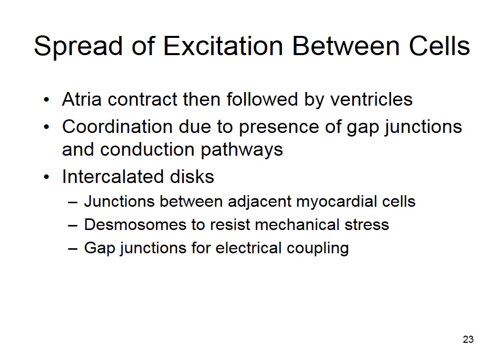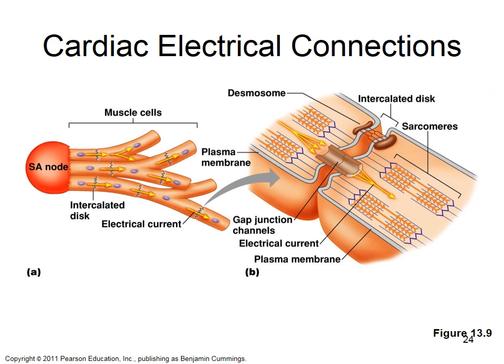Okay, the cardiomyocytes are connected to one another via intercalated discs. They have both gap junctions and desmosomes. So you have to think way back to the beginning of the semester where we talked about desmosomes, sort of like spot rivets. Okay, and then we talked about gap junctions, but then we talked about them with electrical synapses as well.